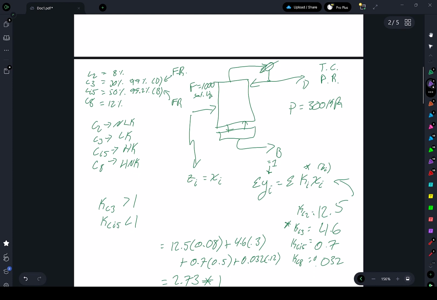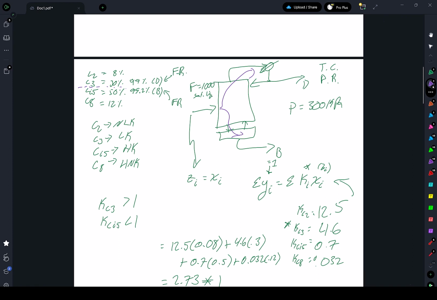You also need to make a couple of assumptions here. One of the big assumptions is that if we have a fractional recovery of 99% of our light key, our propane, going up the top, we can just do 1 minus that to figure out what propane is going down the bottom.